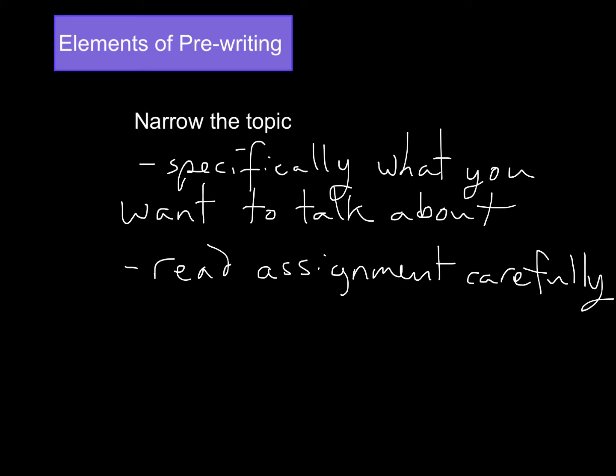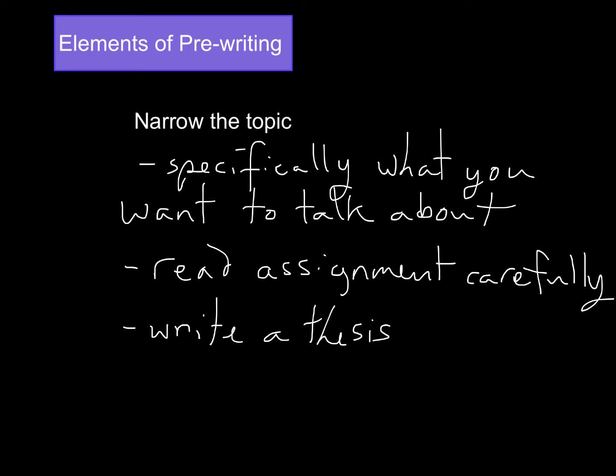Now, some school assignments might be a persuasive essay, and if that's the case, then you need to narrow the topic by writing a thesis. And a thesis statement states your position, the one that you're going to prove.